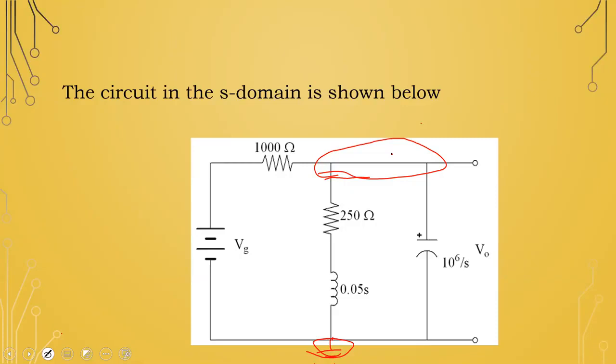Yeah, it must be V0. Because how do we define a voltage? The voltage is I times the impedance. No. How do we define a voltage?